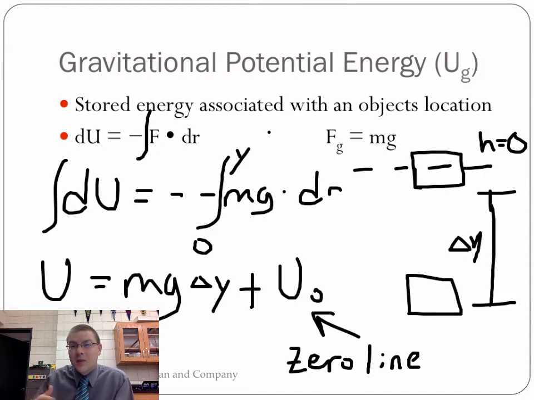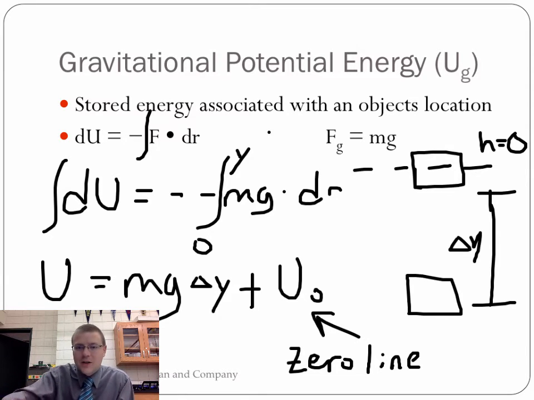But if the iPad was going to fall to the floor, then maybe I'd make the problem have the zero line at the floor. The point is, pick the zero line that's going to make your problem the easiest for you. And you want to make sure that you don't change the zero line during a problem. Once you pick a zero line for your scenario, you've got to keep that zero line the entire time.